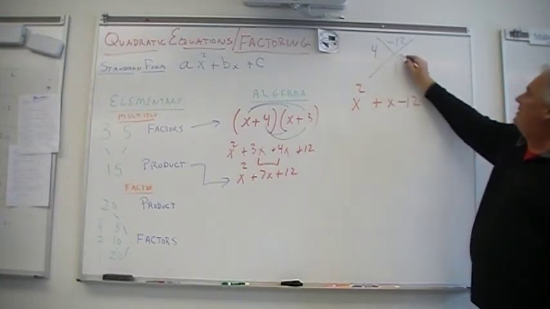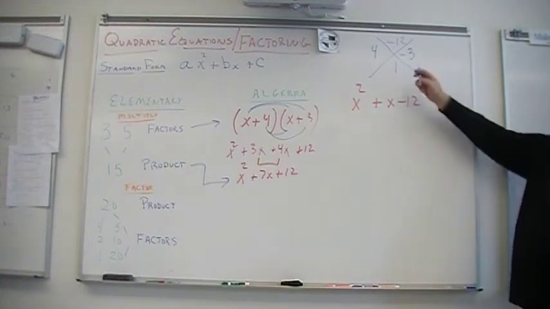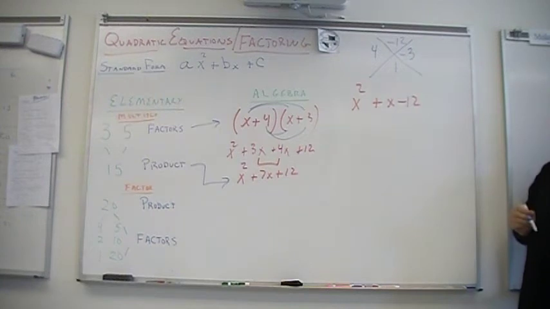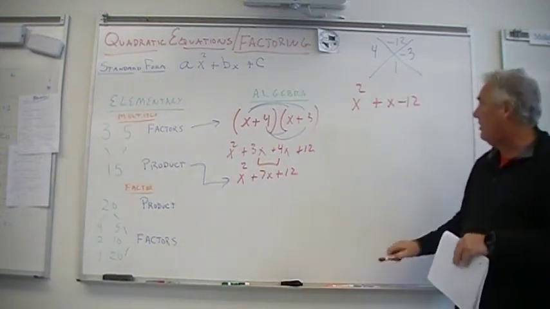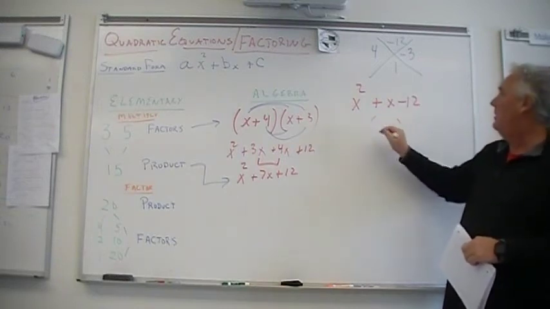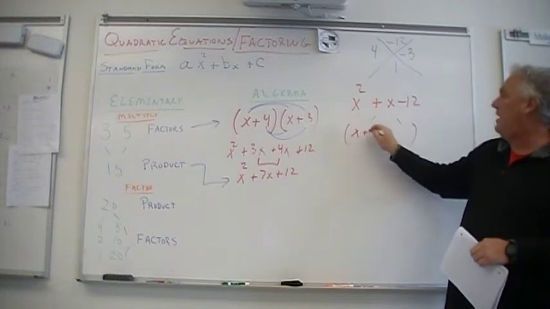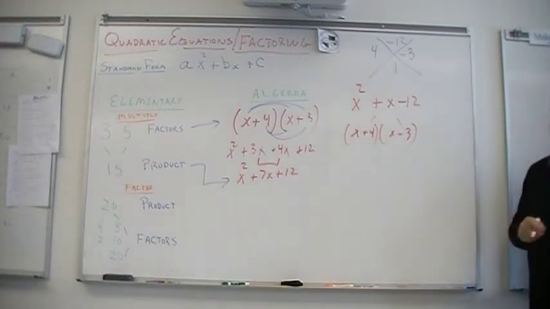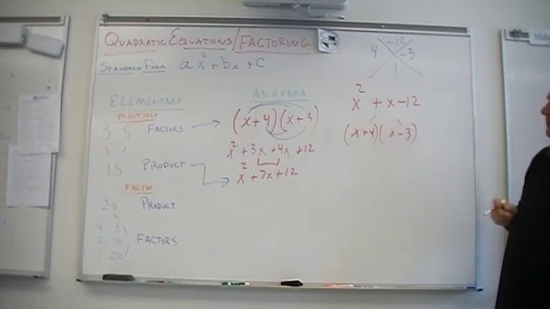What times what multiplied gives you this, added together is that. And in this case, 4 and negative 3. 4 times negative 3 is negative 12. 4 plus negative 3 is 1. And so by doing that thinking process, we will then take those and say, okay, x plus 4 times x minus 3. And that is the thinking strategy to factor that.